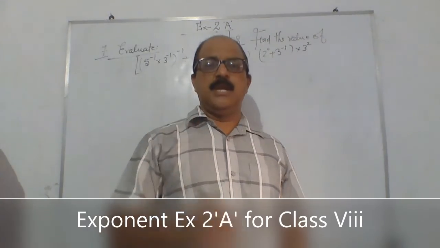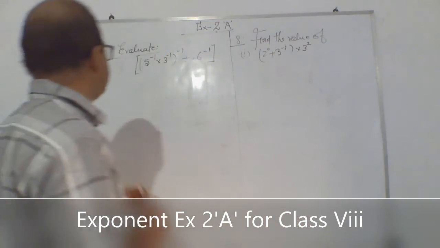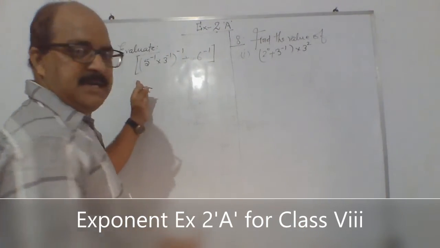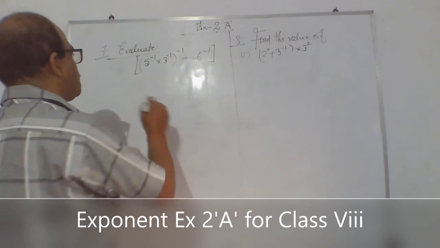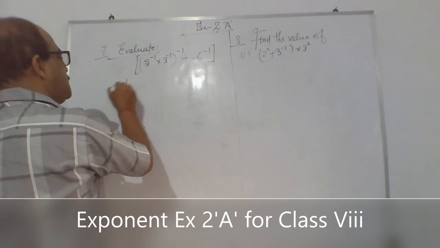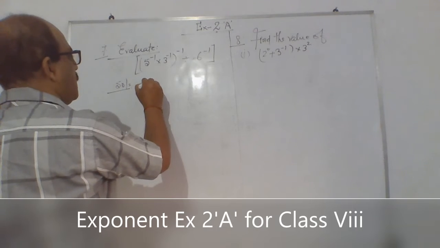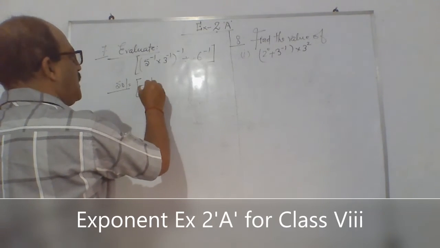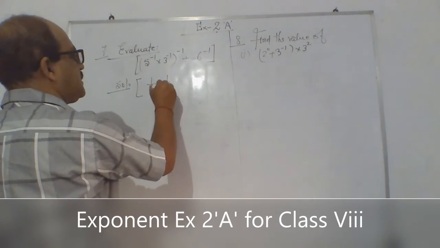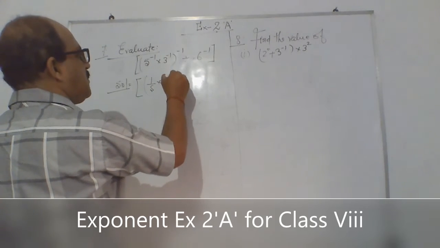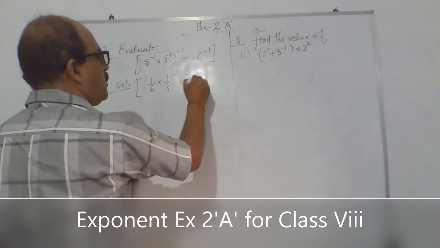Now see question number 7. Also, it will be simplified like the previous question. Solution: it will be written here 1 by 5 into (1/3)^-1 divided by 1 by 6.